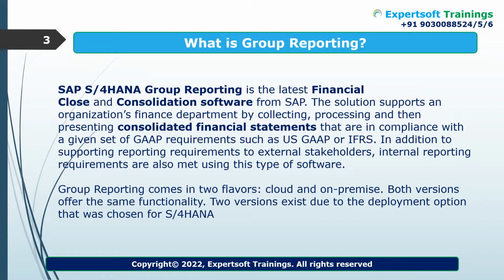It can be the balance sheet or the profit and loss account, and another important one is the cash flow. These are the three important consolidated financial statements. Whether it is IFRS, US GAAP or any local GAAP, according to their GAAP requirements, you can perform the consolidation by using this group reporting module.